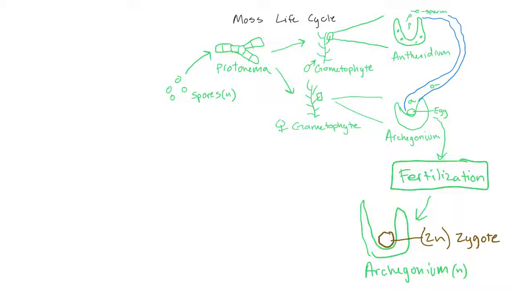Only the zygote is diploid, where fertilization took place. It's going to go through mitosis and divide and form this embryo. Okay, and it's getting nutrients from the archegonium. So here we have the dependent embryo, the characteristic found in all plants.